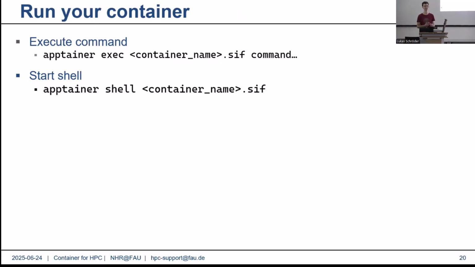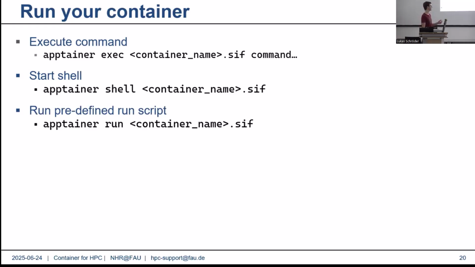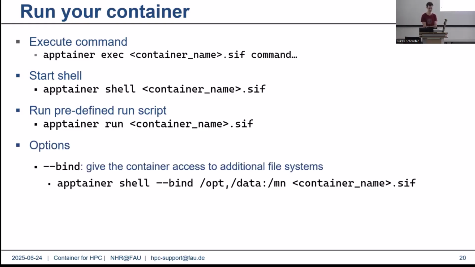But your file system is set up in a way that it still starts at $home on the user file system. So for you, it looks like you are in the file system that you are used to, but the programs run inside of the container. And then when you specify a run script inside of the definition file, you can just use run and it will run the script automatically.